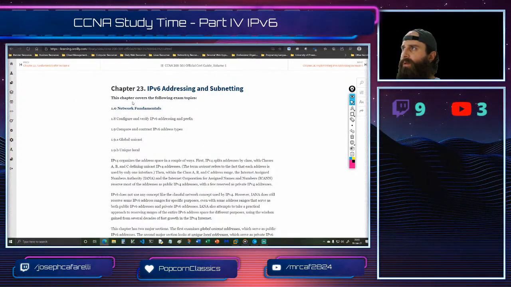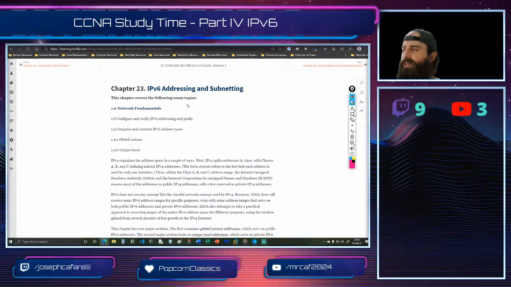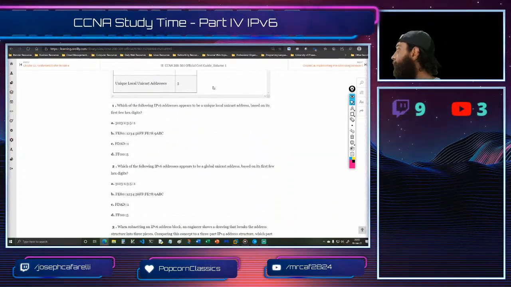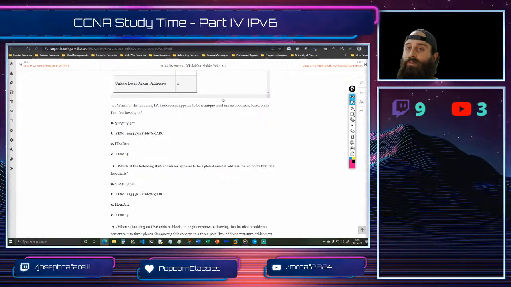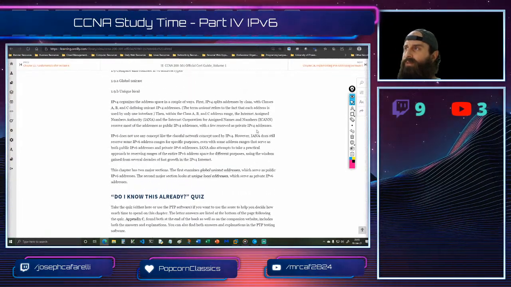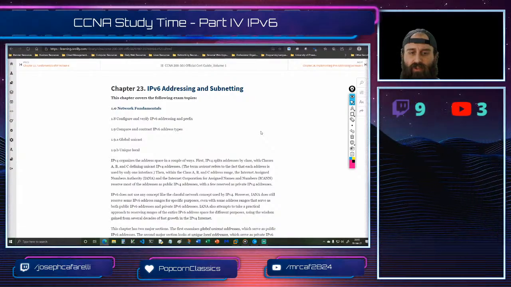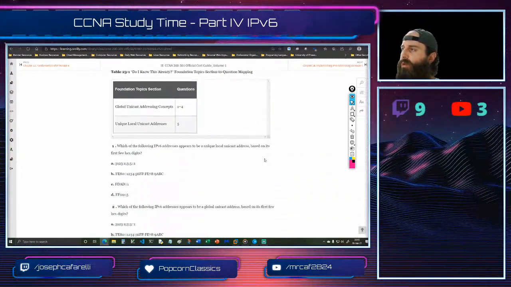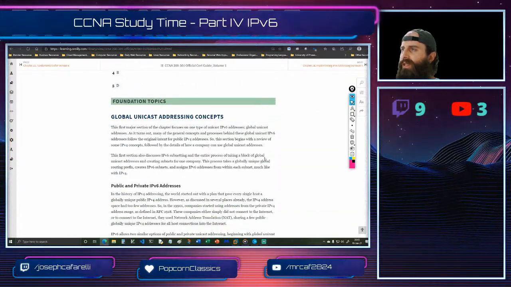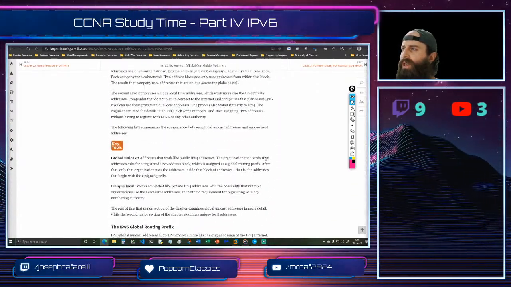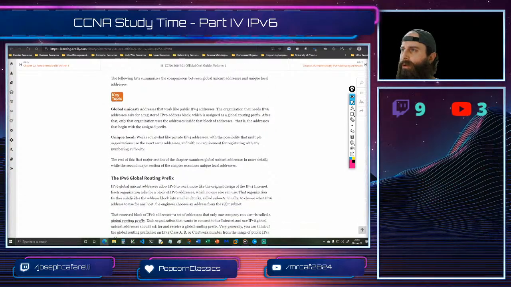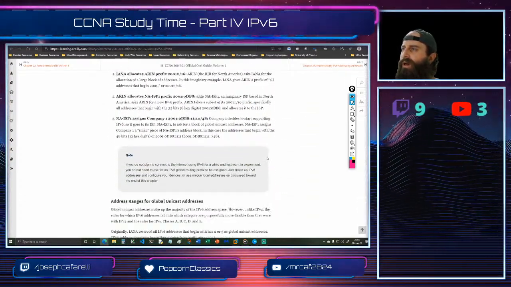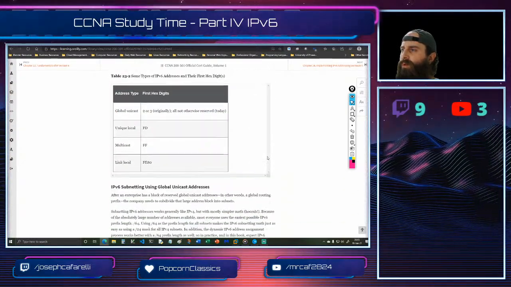We're going to be going over IP version 6 addressing and subnetting. I feel as though I'm really confident with what we went over today. I'm actually feeling really good about IPv6 now that we just reviewed that chapter. So tomorrow we'll be getting into addressing and subnetting, going over global unicast addressing and then some more stuff.